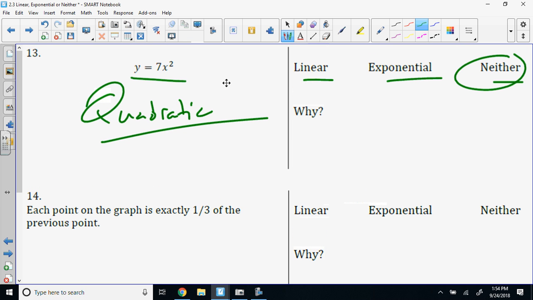One, it's not linear because x is raised to a power of what? 2. Y is to a power of 1. Two, for it to be an exponential, the variable must be in the exponent. Is that variable in the exponent? Ladies and gentlemen, you need to complete this exercise and your homework. Bring it back to me tomorrow.